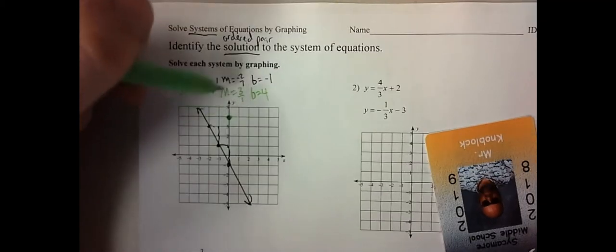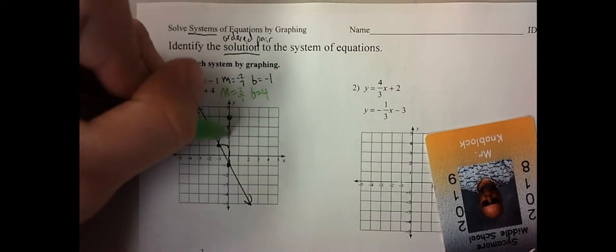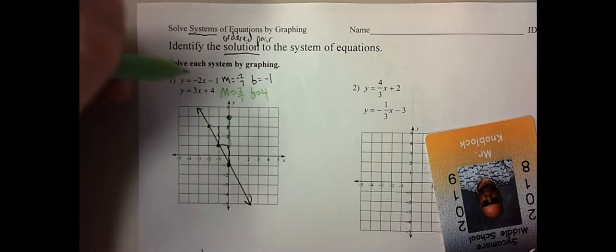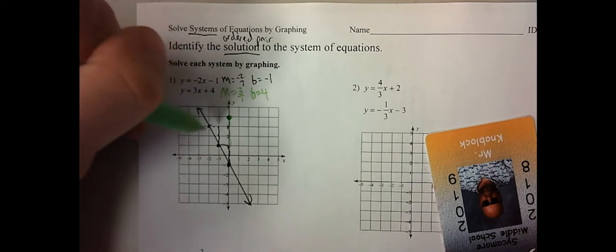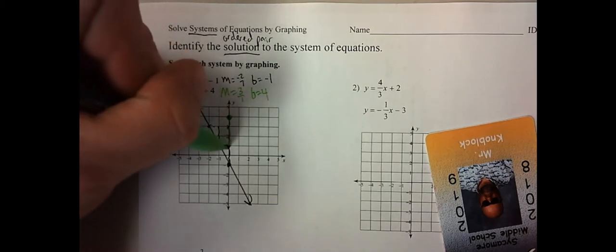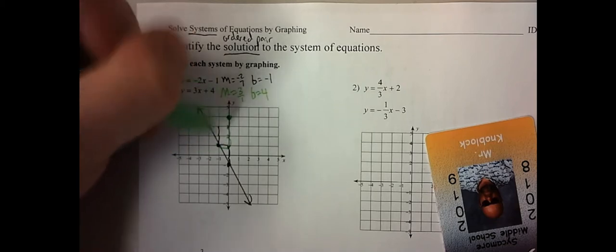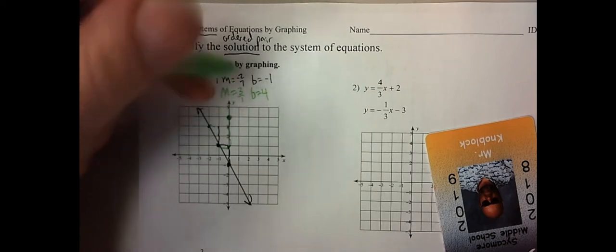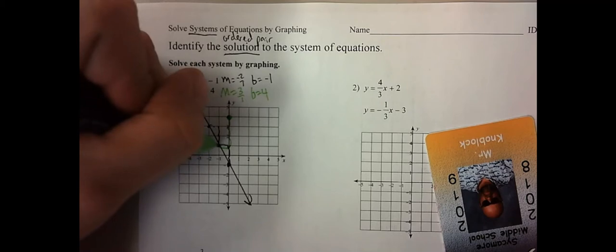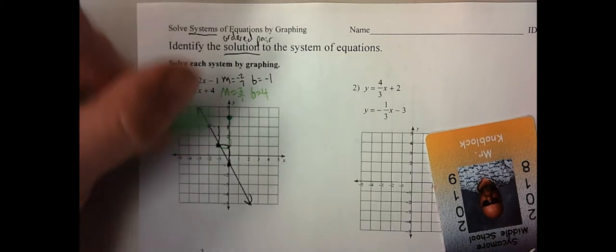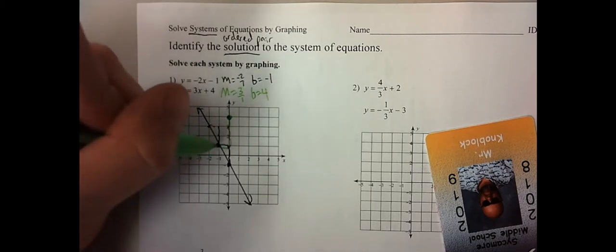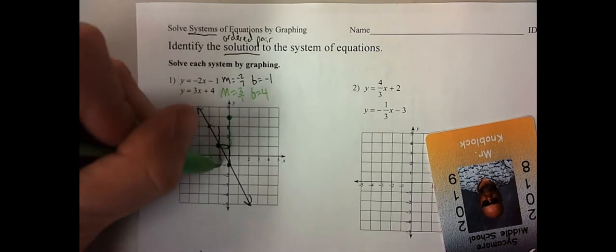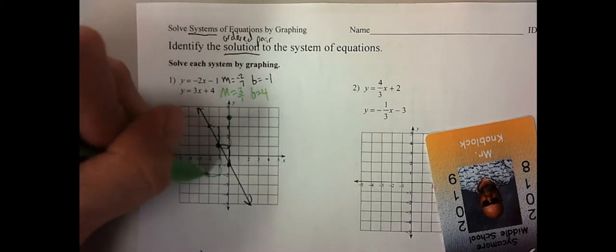So instead of going up 3, I'm going to go down 3, 2, 3. And then I think it's a positive slope, so I need to run to the left so that line is going upwards in this direction for a positive slope. So here's my next point, which actually is a point they share with the other line. But I do need another point, so we'll go down 3 again and over 1.